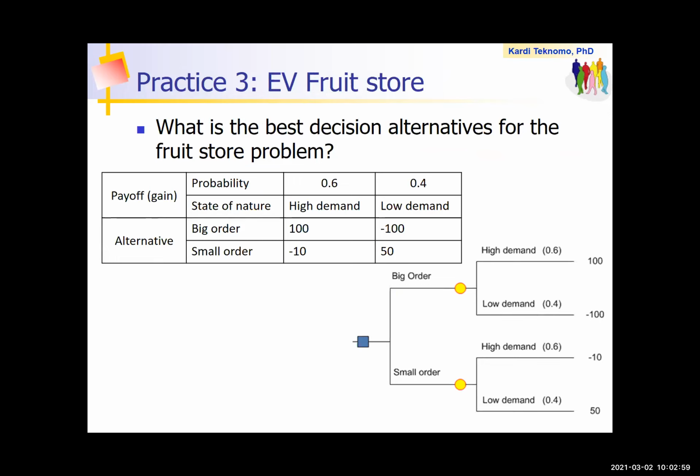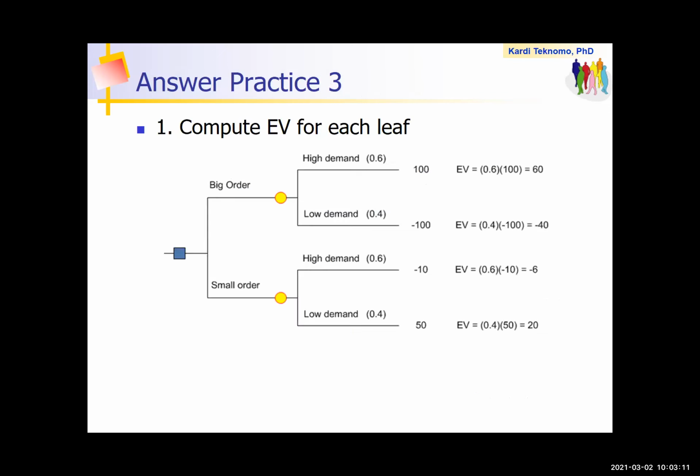So what is the best decision alternative for the fruit store problem? This is the payoff matrix and this is the decision tree, right? First thing first, you compute the EV for each leaf. Here for high demand, big order, you have 100, and the probability is 0.6.